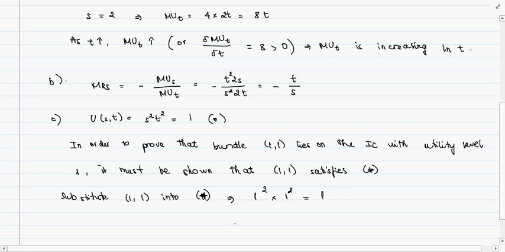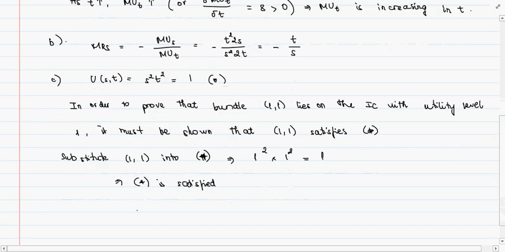Therefore the star equation is satisfied, and so we prove that bundle 1 and 1 belongs to the indifference curve with a utility equal to 1.